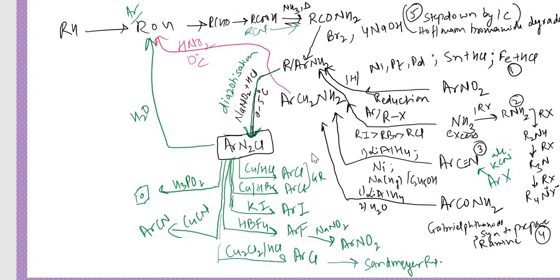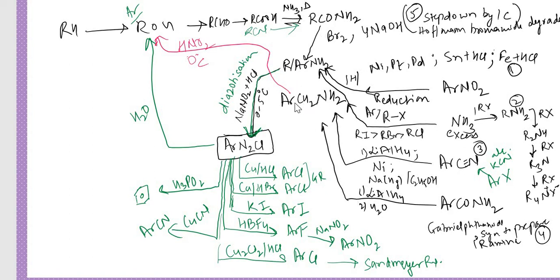So this is how we have made a chart where we have introduced the preparation as well as diazonium salt, and you can see here I can convert any non-nitrogen containing compound into nitrogen containing compound even with a smaller number of carbons when I go through Hofmann bromamide degradation, or with the same number of carbons if I just reduce it by LiAlH4 and get the amines.